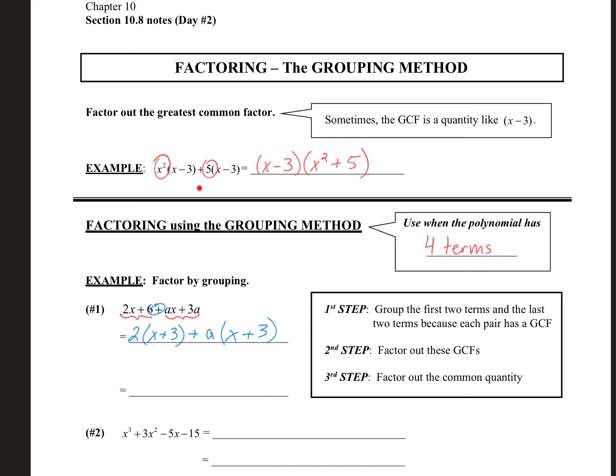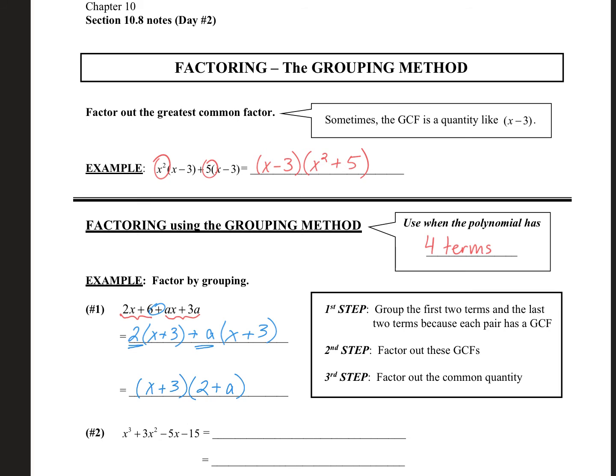Notice how this looks similar to the very first example in the notes. Again, remember we can factor out a quantity. Because both of these have a factor of x plus 3, we can factor that out. So we do x plus 3, factor that out, and we're left with 2 plus a.